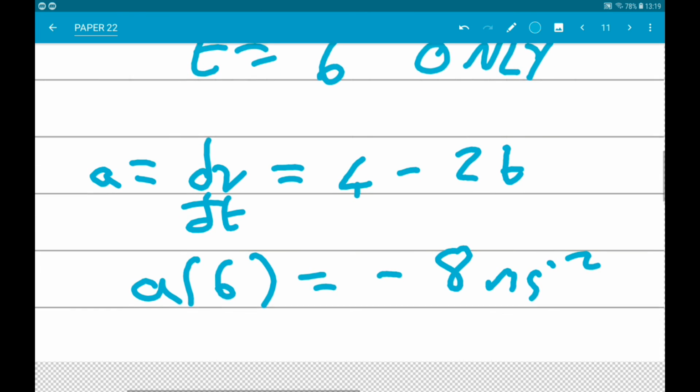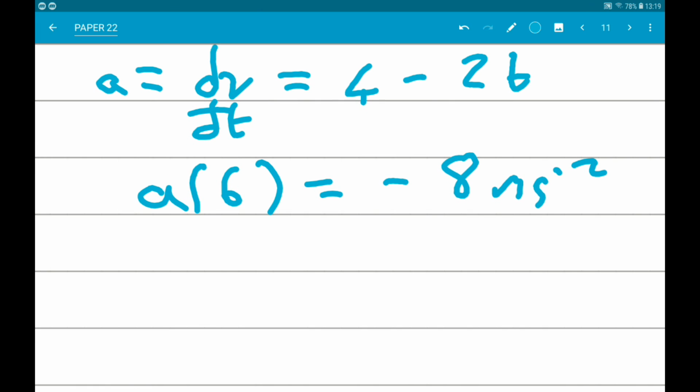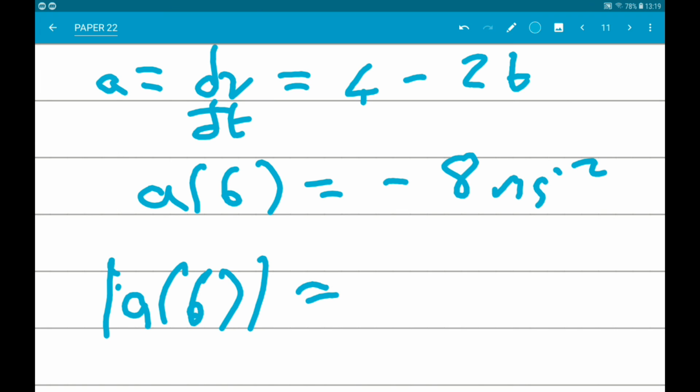So the magnitude of the acceleration when t is 6 is positive 8 meters per second squared.